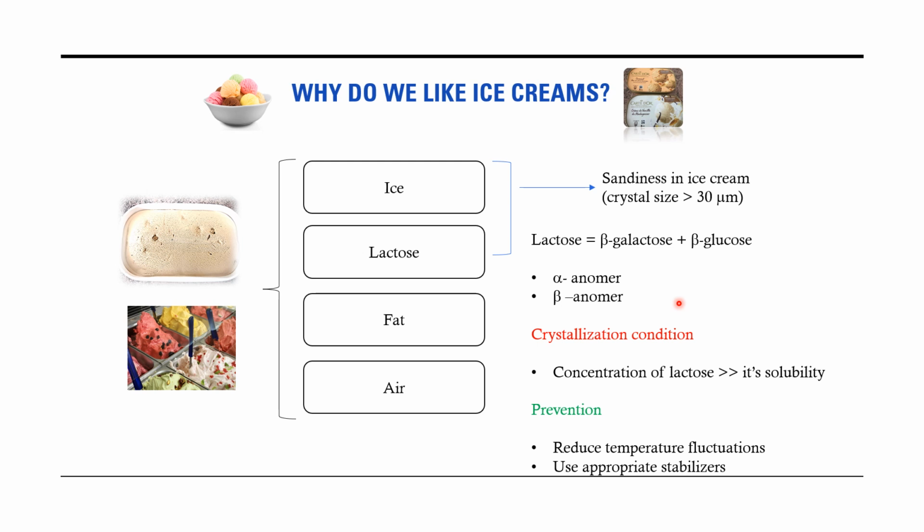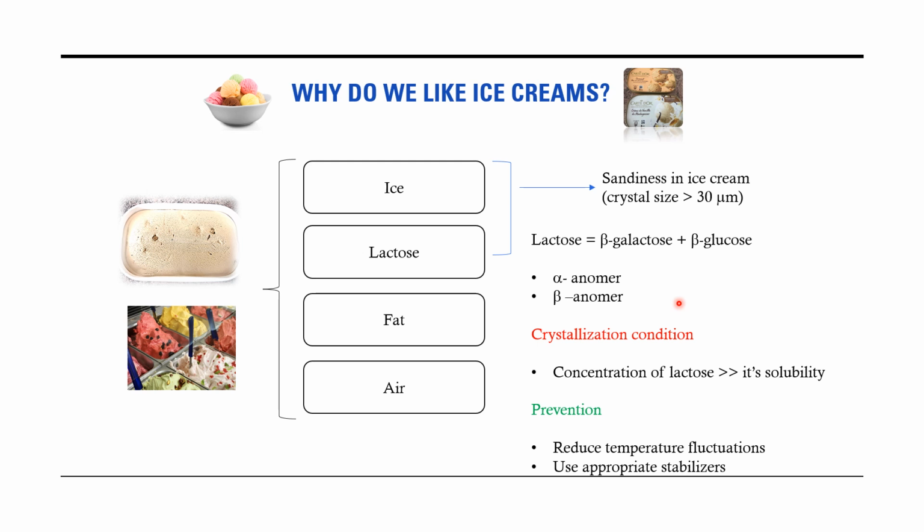At a particular time, the concentration of lactose will be so high because you have ice crystals already crystallizing out of the system, and it is only solutes that will be present in the frozen food product. When lactose concentration reaches greater than the solubility of lactose, lactose will begin to crystallize out.